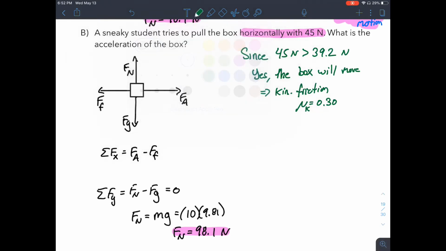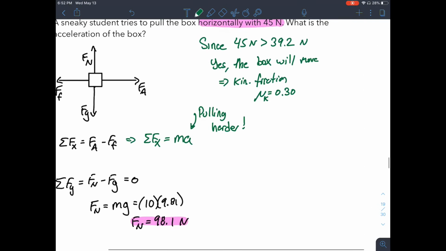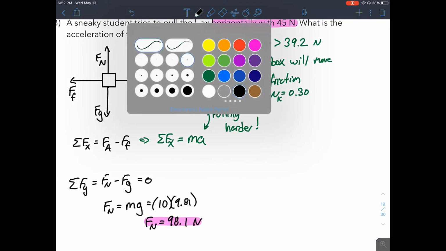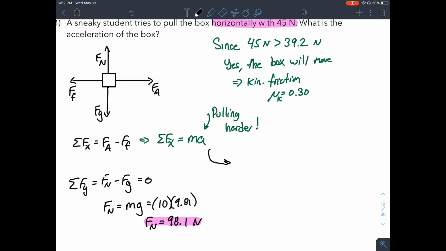But the biggest change is that the sum of the forces in the x direction will equal mass times acceleration because we are pulling much, much harder in part B than we are in part A. So, using that idea, we can take this same sum of the force equation, Fa minus the force of friction, and make it equal to mass times acceleration.